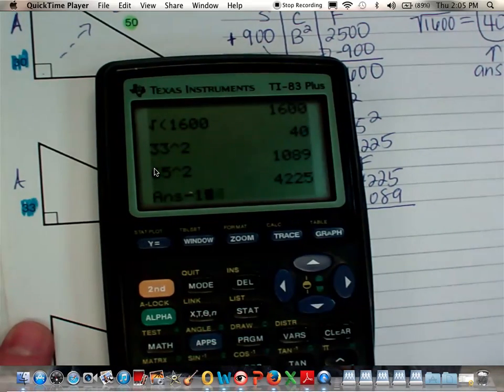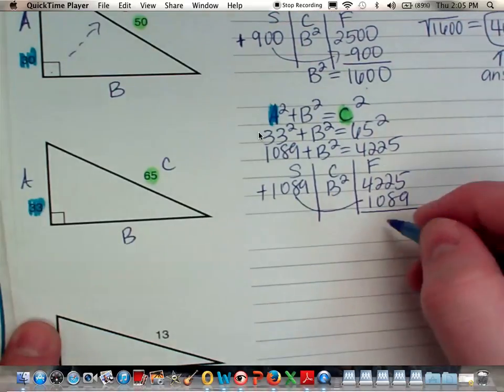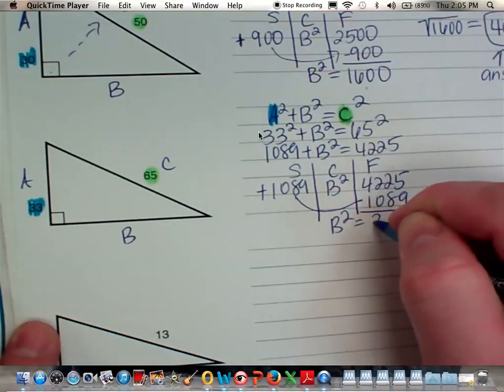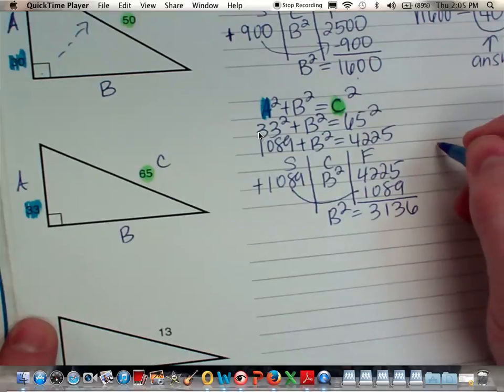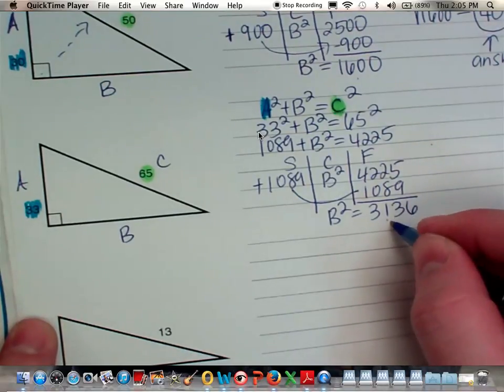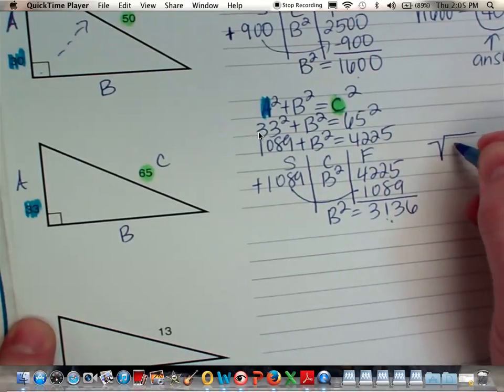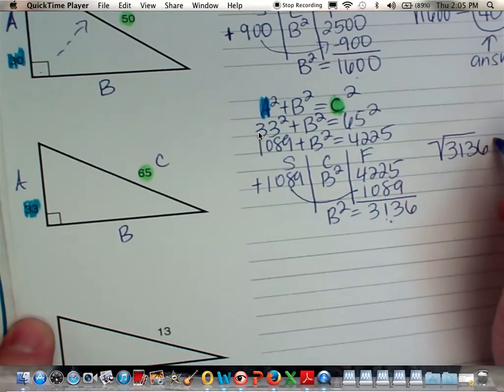Subtract that from 1,089. I get 3,136. Well, I know b squared is equal to 3,136. And I'm going to take the square root now of this number. So I'm going to take the square root of that, 3,136.